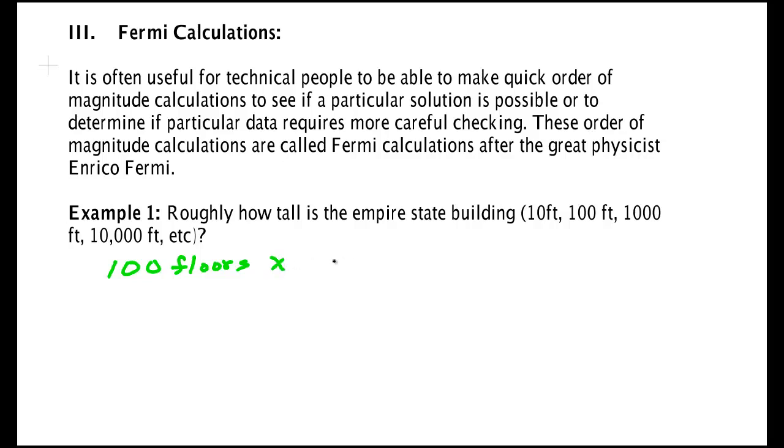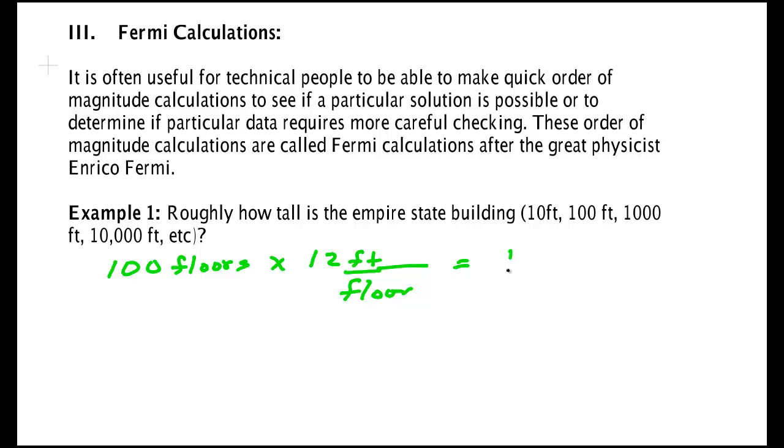How big's the floor? Well, I don't know. It's bigger than a basketball court. If I look up, I know it's a lot taller than me, and I'm a little under 6 feet, so it's at least 10 feet. And, of course, there's probably a little bit of concrete and some air conditioning ducts, so let's say 12 feet per floor. Maybe it's 13. Maybe it's 11. Doesn't matter. Rough, close.